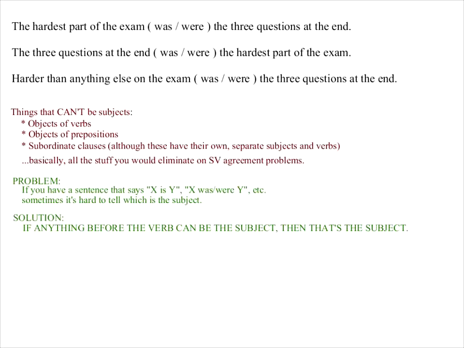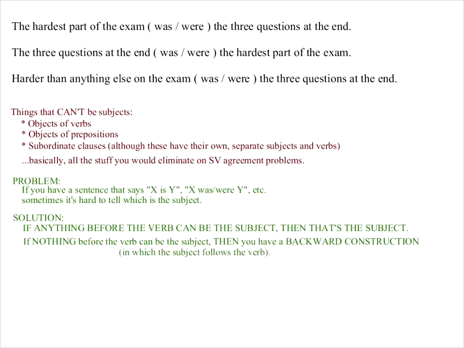If nothing before the verb can be the subject, then you have what's called a backward construction, in which the subject follows the verb. Okay, let me give you an easier example of a backward construction before we go to those examples that are up there.